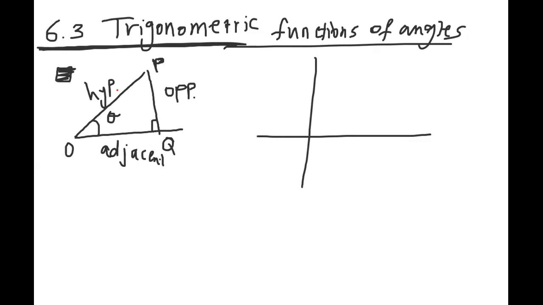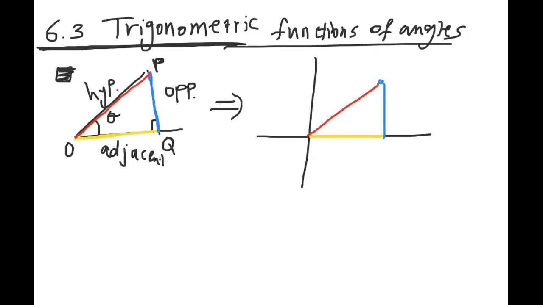That means we move this side to the positive x-axis and move this side to here, and the hypotenuse, this side, move it like that. So actually we move the triangle to the XY plane. This is the first step.